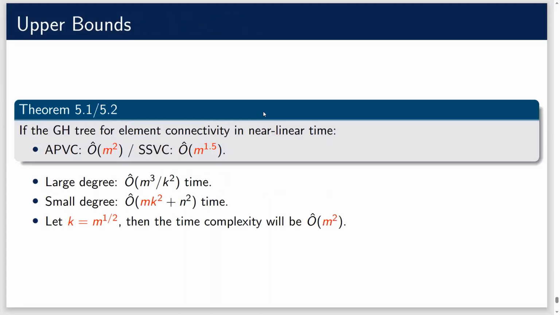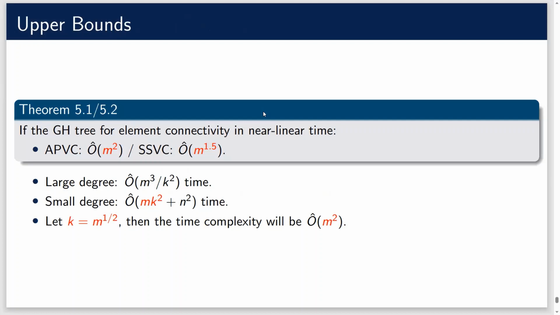Also, with the Gomory-Hu tree for element connectivity in the literature, we can actually accelerate the small degree computation. That is, we can construct and use the K connectivity oracle in O hat m K squared, adding a square term. Therefore, for balancing this, we let K be the square root of m.